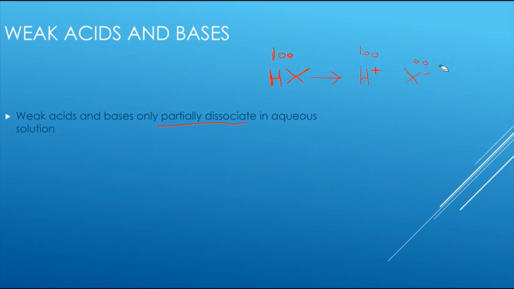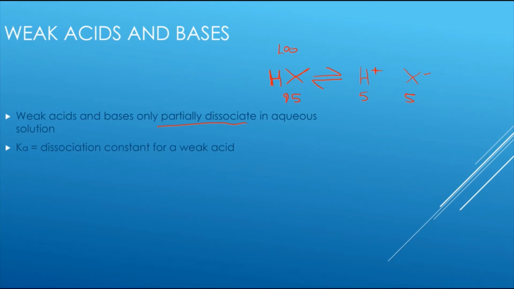But for a weak acid, such as ethanoic acid, only a partial fraction would dissociate. If we had 100 to start off with, when this dissociation occurs, we might end up forming 5 of each, so we would still be left with 95. This is what's meant by they partially dissociate in aqueous solutions.